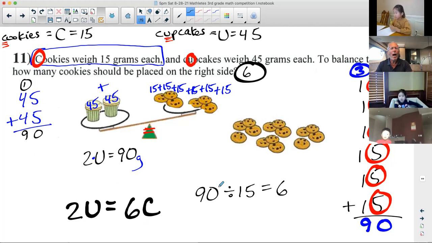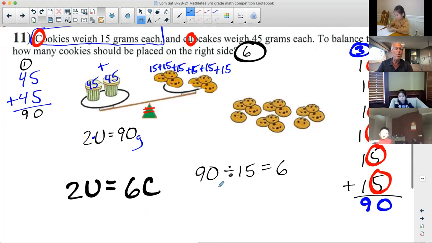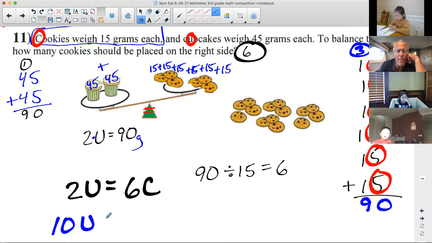Now, I have a special challenge for you. Are you ready? What happens if Mr. Kramer puts 10 cupcakes on the scale?